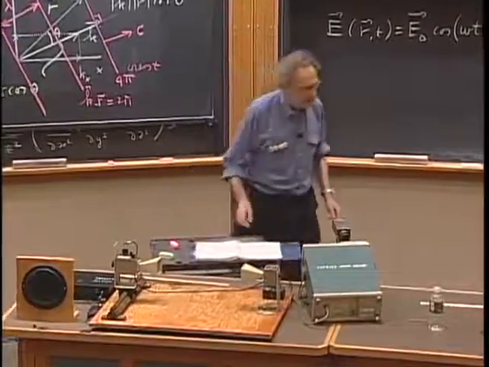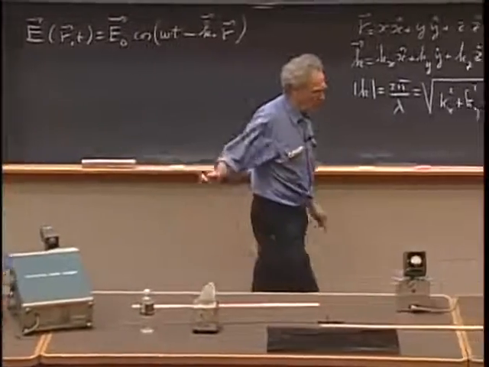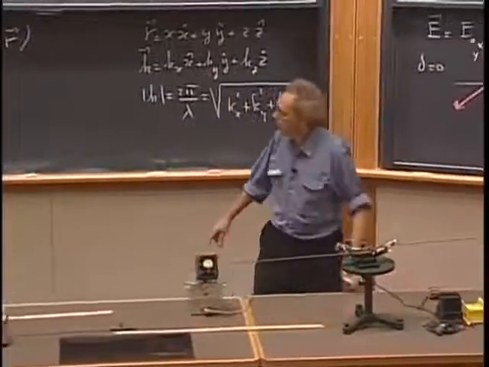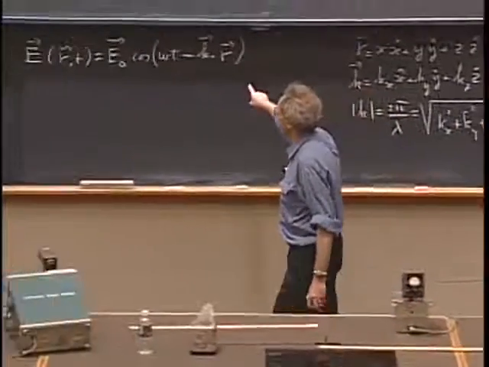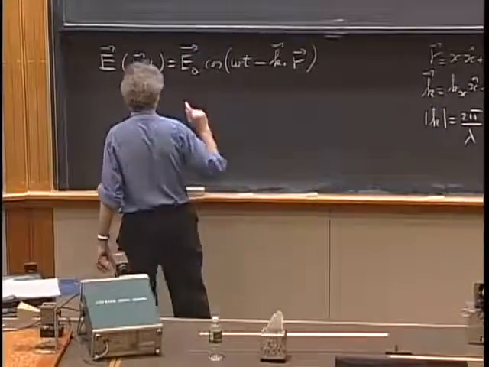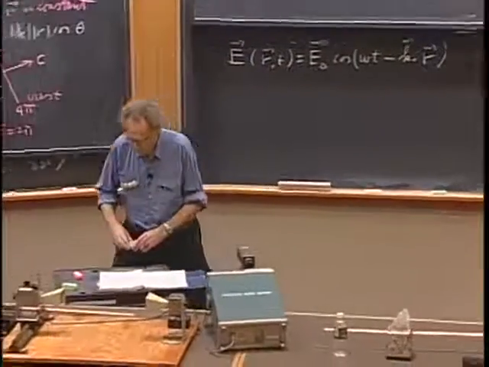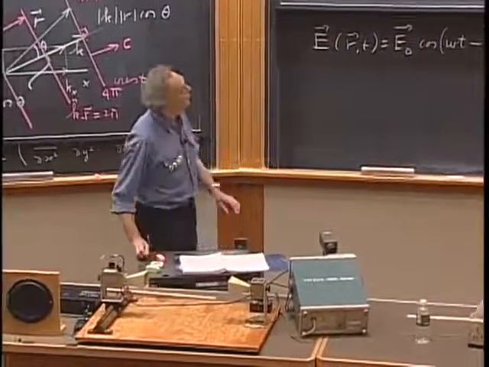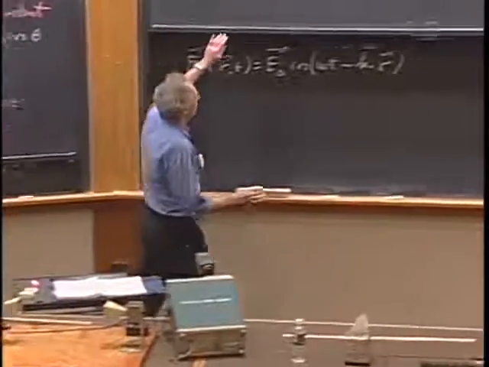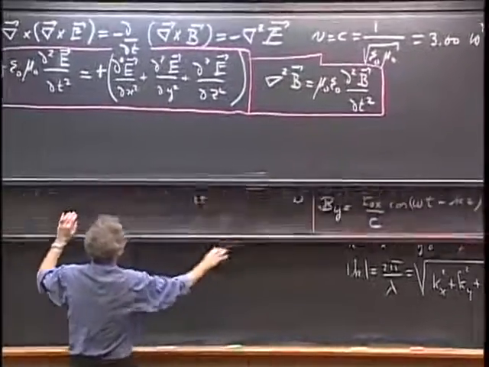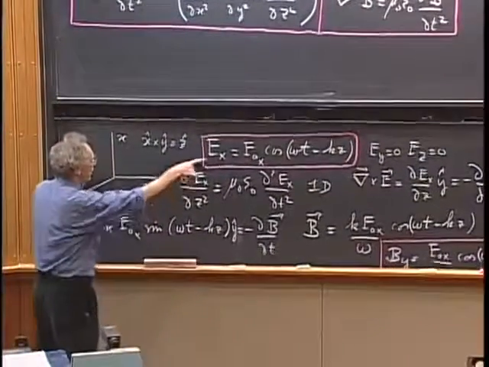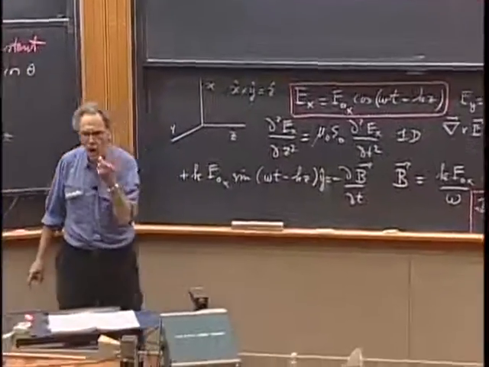And so this is the best way that you can think of the general form of an E vector going in 3 dimensions: these are planes perpendicular to the direction of propagation. In our first case, which was so very simple, because I wanted to warm you up slowly, k dot r became simply kz.